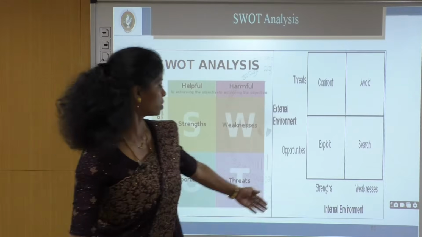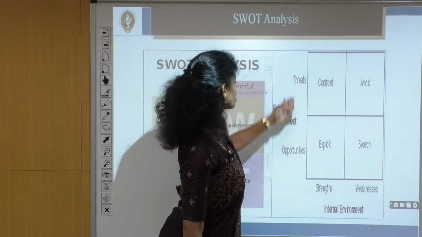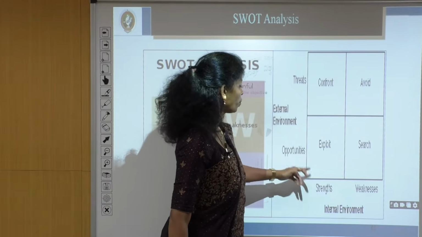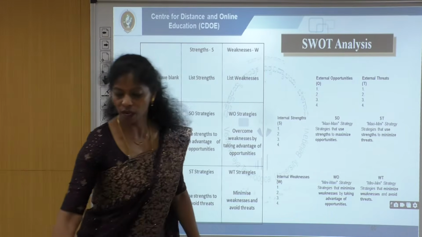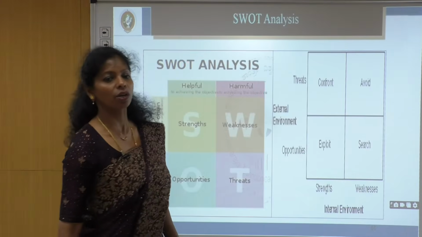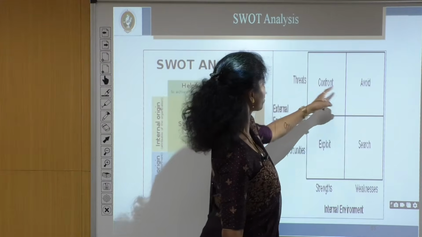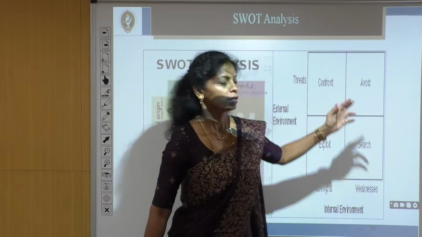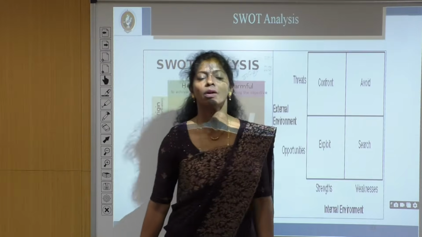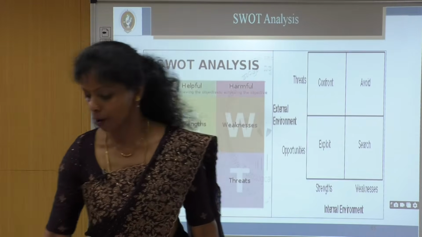Strength and weakness are the internal environment, opportunities and threats are external. When your strength is good and opportunities are there, you can exploit. At the same time, when your weakness is there and you have a threat, you will try to avoid the threat. These are the strategic alternatives a firm can think about.